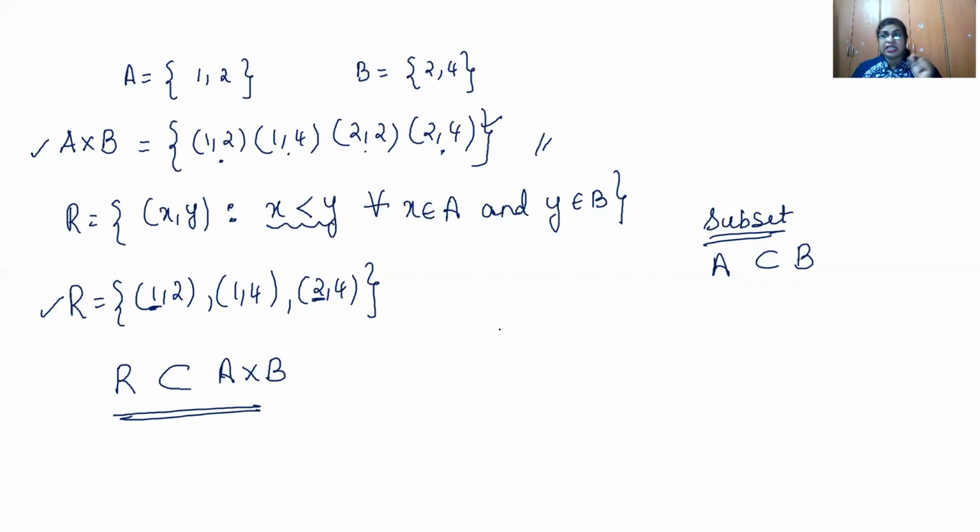What is the name for that set of all first elements? It is called the domain. So the domain of R is 1 comma 2. And the set of all second elements of R is called the range of R. So what is range now? Who is the second element? 2 and 4. So 2 and 4 is the range of R.